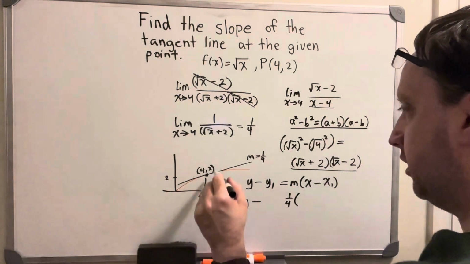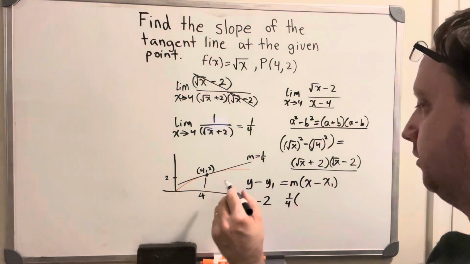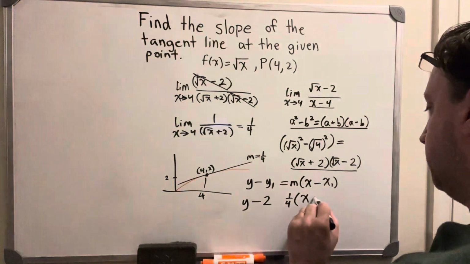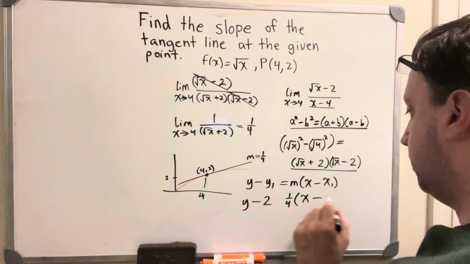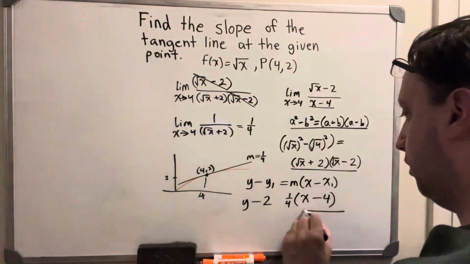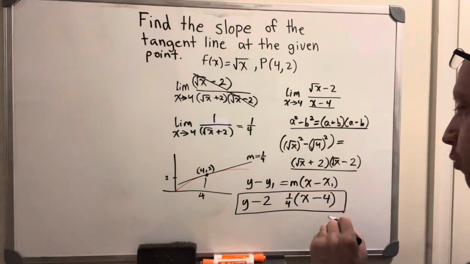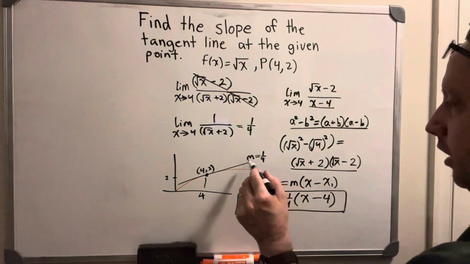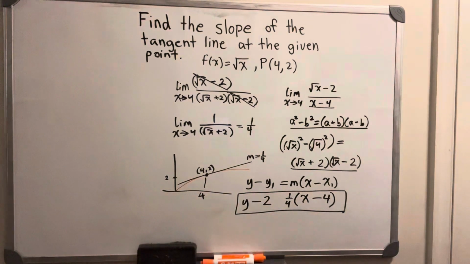The y1 is equal to 2. And then we have x minus, and what is the x1 in this case? 4, right? So this is the point slope equation of the tangent line right at that point.